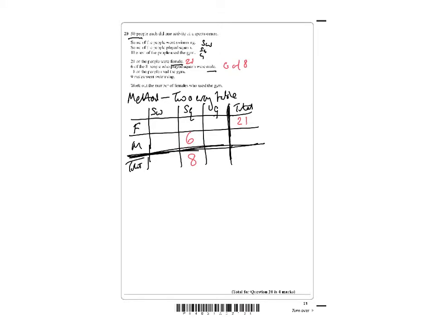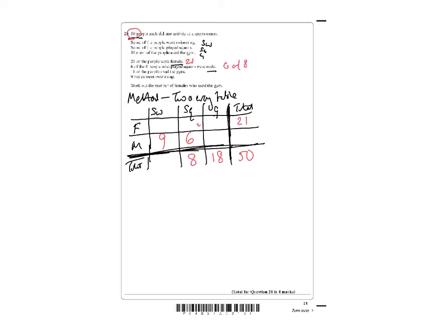I know that leaves 2 there, but I'll just leave that for a second. We'll change colours. 18 people used the gym, so the total for the gym is 18. 9 males went swimming. And the other bit of information I haven't used yet is there were 50 people in total.